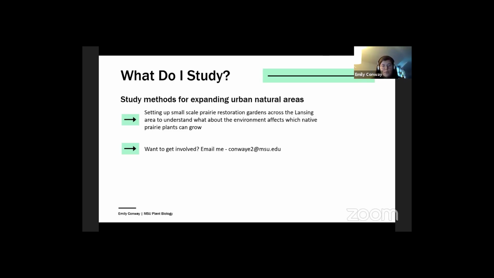So a really common way that we install these native plantings across cities is by starting from seed. So I want to understand what about these urban environments affects how we can go from seed to a full-grown plant community. And if this sounds like something that you're interested in getting involved with, send me an email. I'm looking for yards, parks, any green space that you have access to. Let me know. I want to put a prairie there.